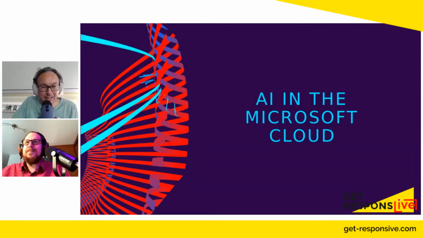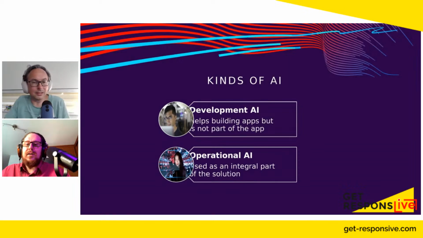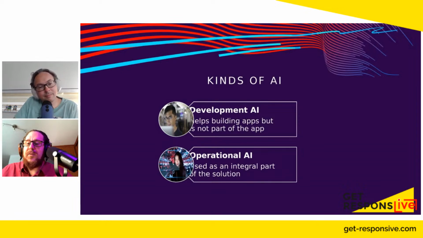Exactly. So AI within Microsoft, of course, there are a lot of solutions, and I wanted to separate this into two kinds of AI, which are specifically applicable to Power Platform. In Power Platform, I would say the two kinds of AI we have are development AI and operational AI.